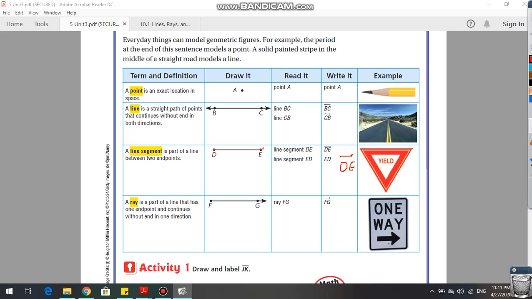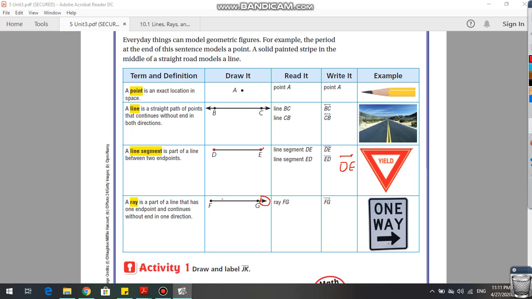The second type that we have is rays. A ray is like a ray of the sun. It has a starting point but no ending point. The arrow we have in geometry means that I don't know where it's going to end.